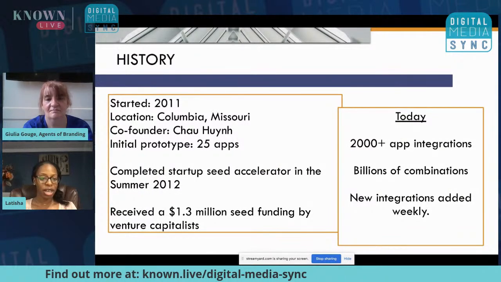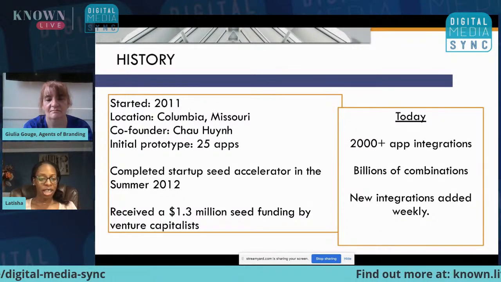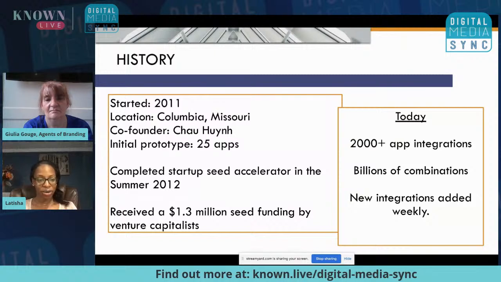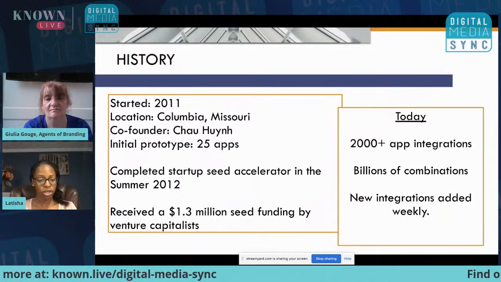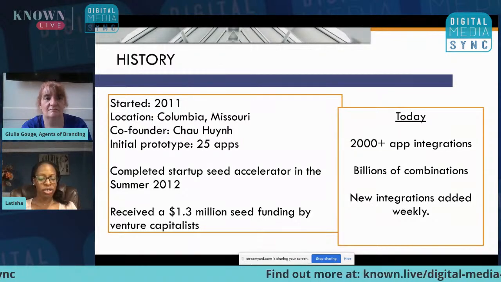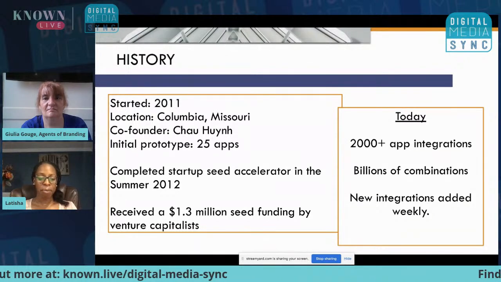A quick history, they started in 2011 in Columbia, Missouri. The group completed a startup seed accelerator, which is just a cohort that helps and mentors small startups get their applications or programs up and running. So they did very well here. And then they ended up receiving 1.3 million in seed funding from venture capitalists.